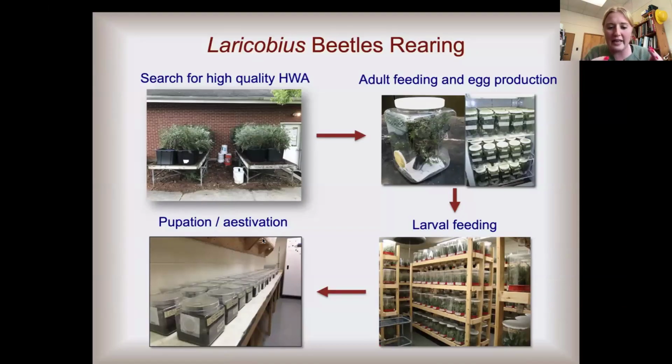What's really cool is they'll feed, and then just like they drop to the soil in the field, they'll drop to the bottom of this cup. We can move the larvae into pupation containers, which are just containers with soil in them. Then in October, the adult beetles are still emerging, and we ship them out into the field for releases. It's super interesting. It took quite a few years to figure out because insects are sometimes very picky when it comes to rearing.